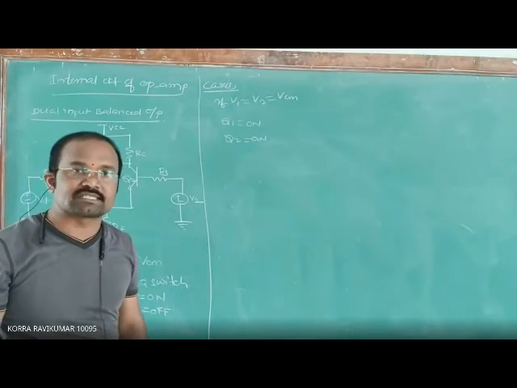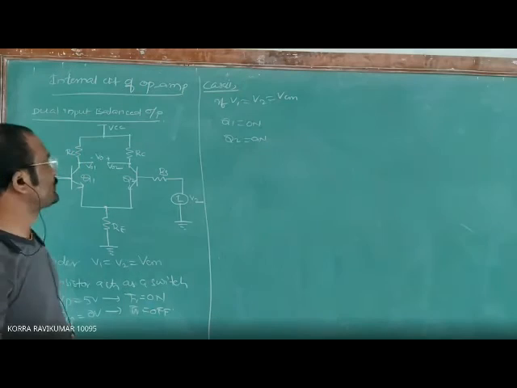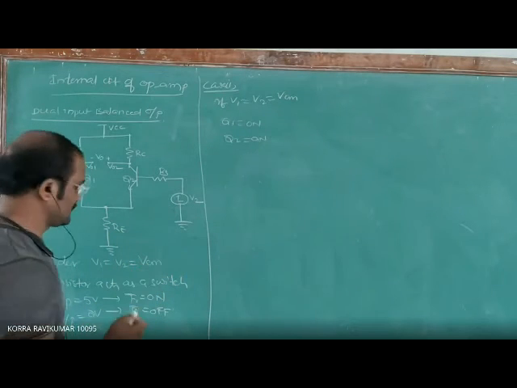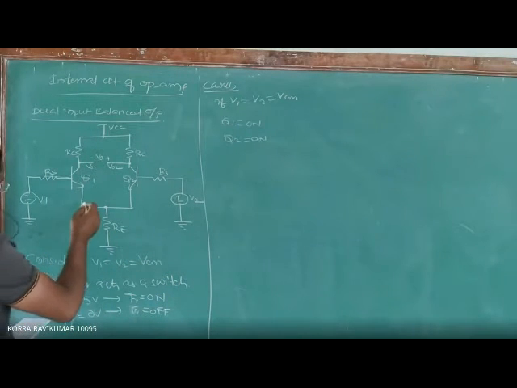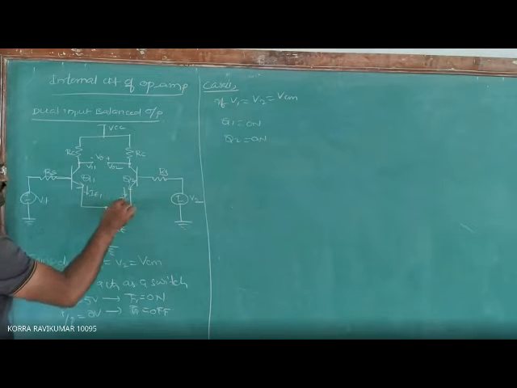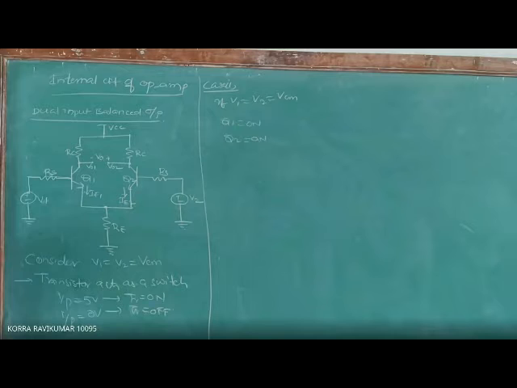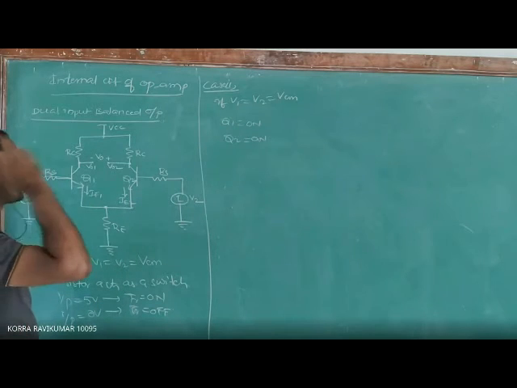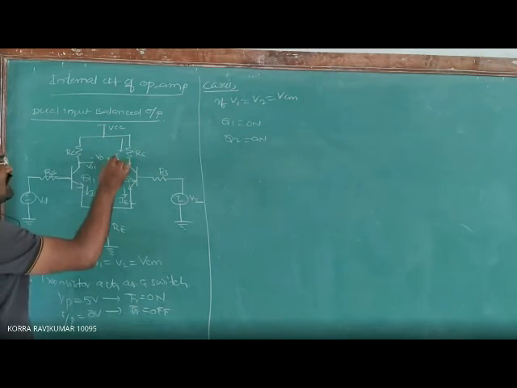If both transistors conduct, then the first transistor produces the emitter current IE1, and the second transistor produces the emitter current IE2. The currents produced at the collector terminals are IC1 and IC2.